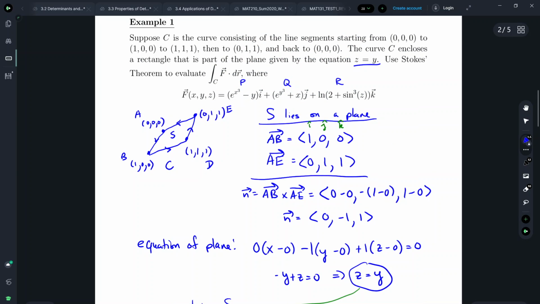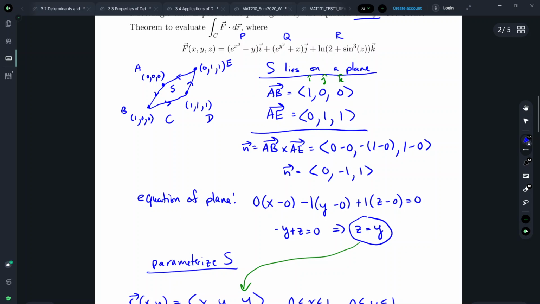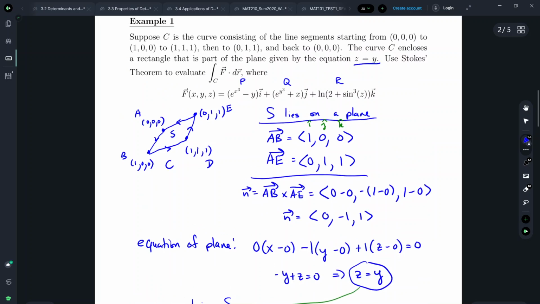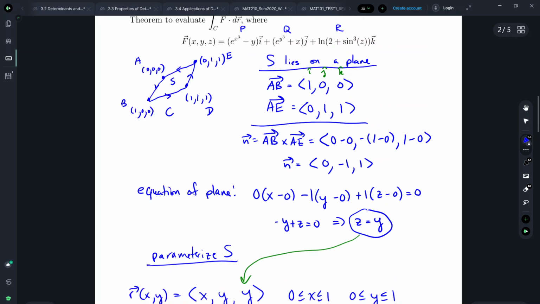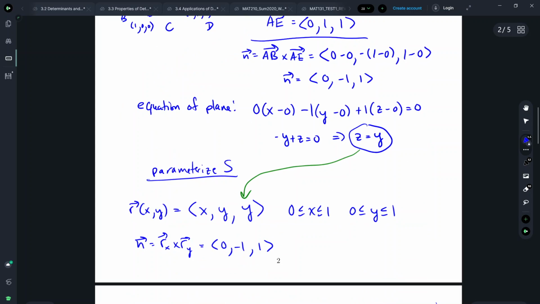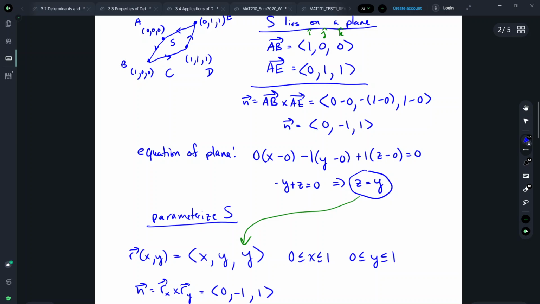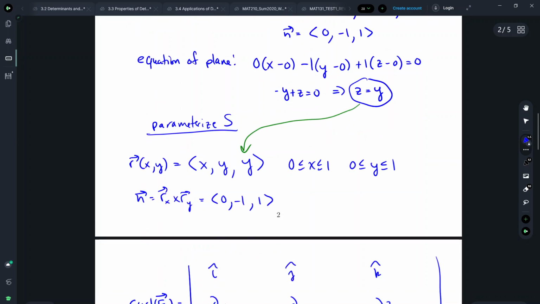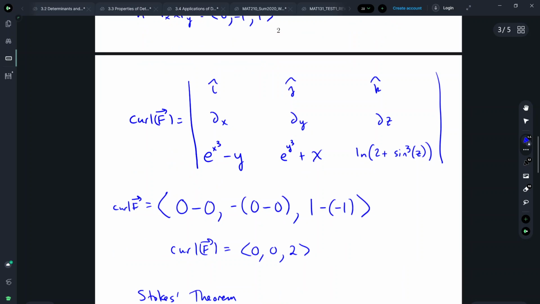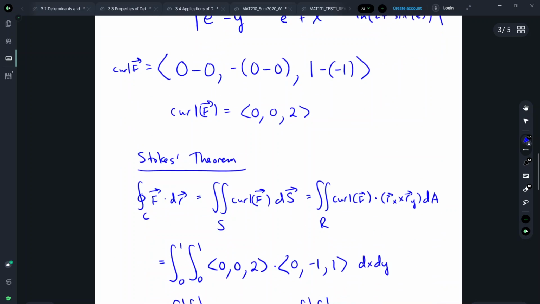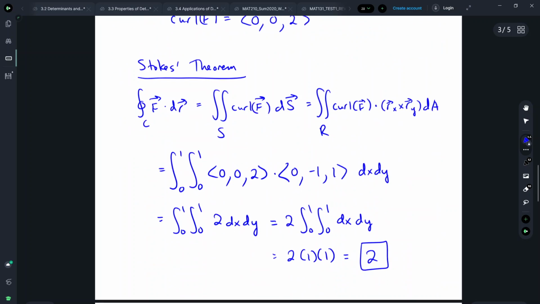So you have to figure out how to set up the surface S. Here the equation for the plane is given to us, but if it's not, you might have to calculate it like this, then parameterize S to write it in parametric form, and then also calculate the curl of the vector field. Okay, so that's this example of Stokes' theorem.